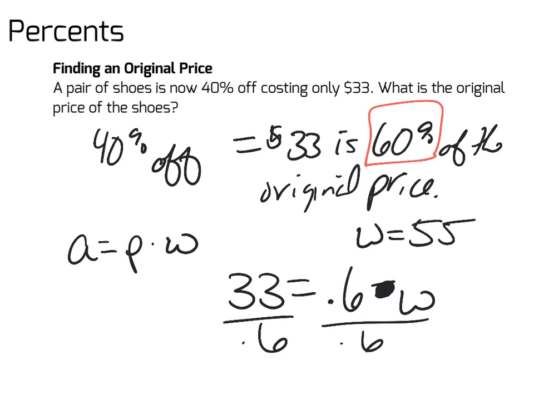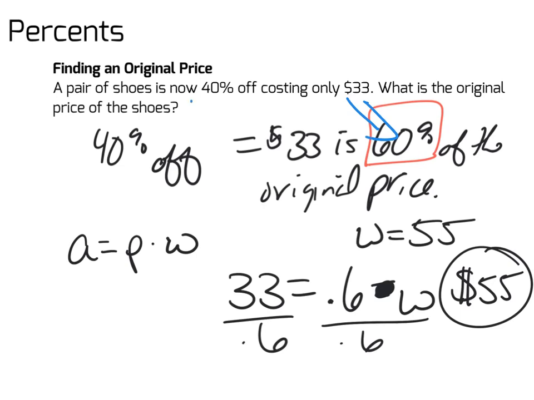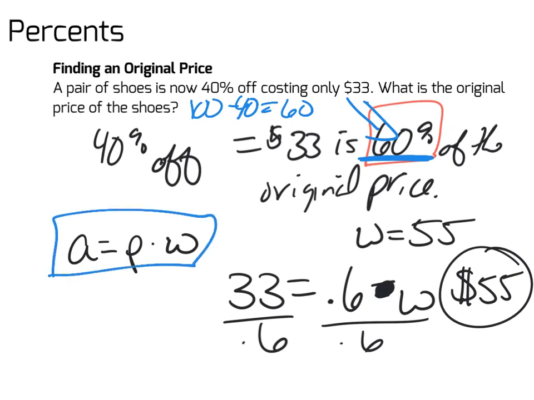So what was the original price? $55. So to find the original price, step 1, find the opposite percentage. I took 100 minus 40 and got 60. That's how much of the original price that $33 is. Second, set up your formula. And then third, you find your answer.